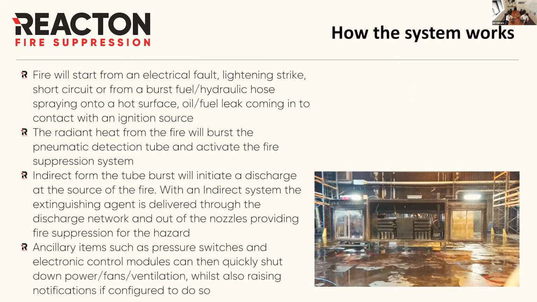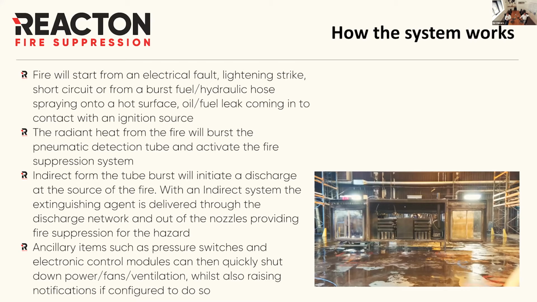And we're getting towards the end now, and we'll go through how the system works here. We've got a small video at the end as well, but really we've got a fire, and that can start from a multitude of different ways. It could be an electric fault, a lightning strike, a short circuit, a burst fuel hose spraying onto a hot surface, all those.